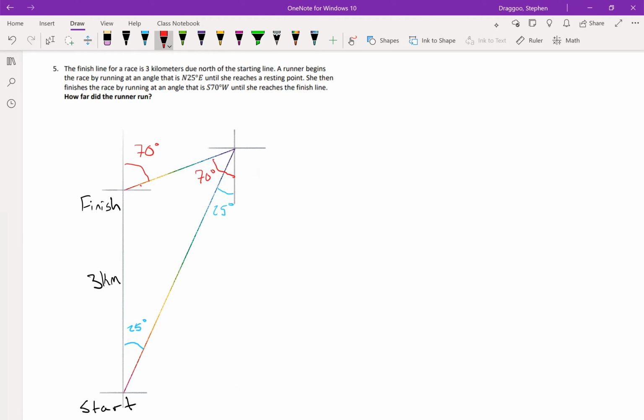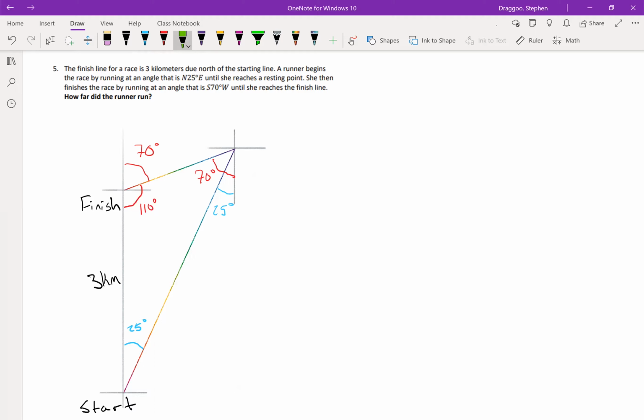By the finish line, this angle that is on the inside of our triangle should be the supplement to 70 degrees. So it's 110 degrees. And the upper right interior angle should be the difference between our two bearing angles.